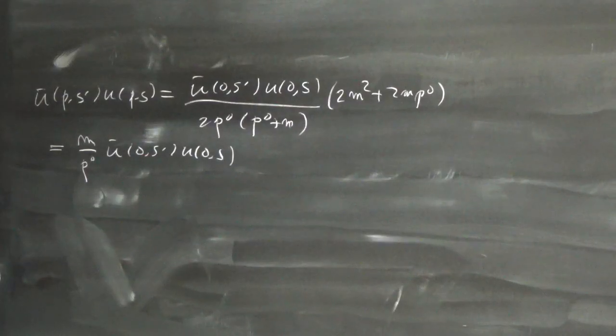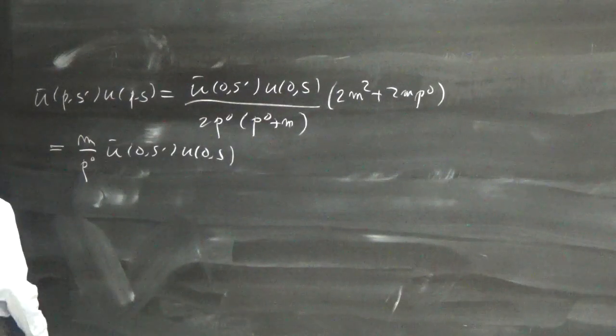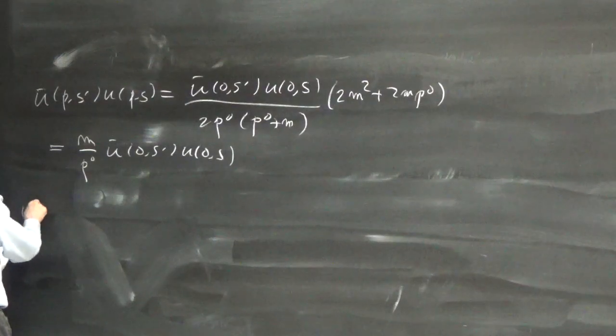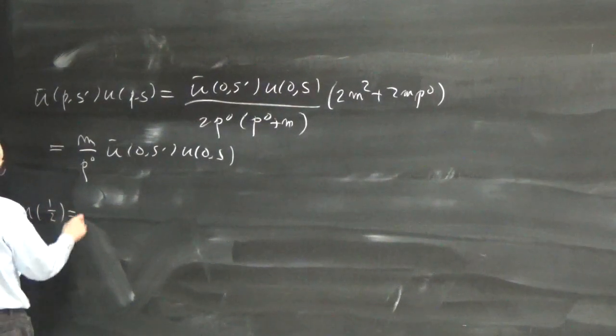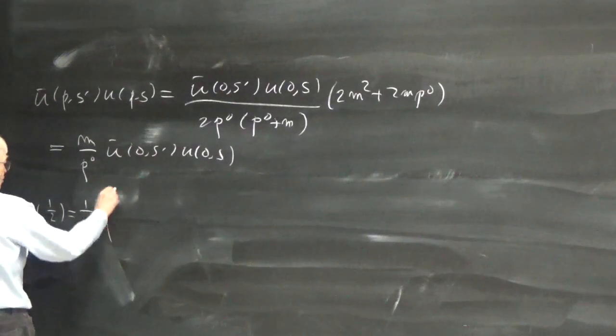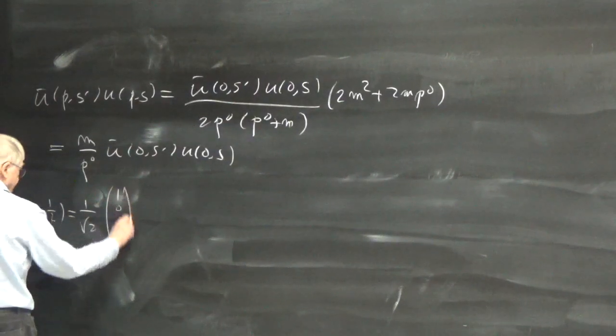And now we know what the U spinors are at 0 momentum. And in fact, U of, let us say, 1/2, or U spin up, is 1 over root 2, (1, 0, 1, 0).